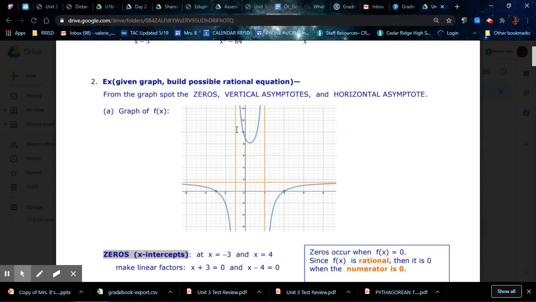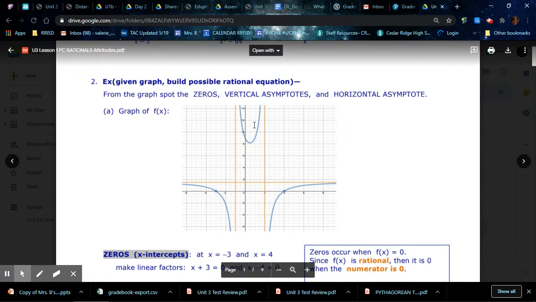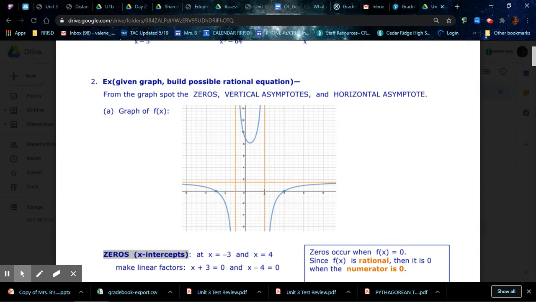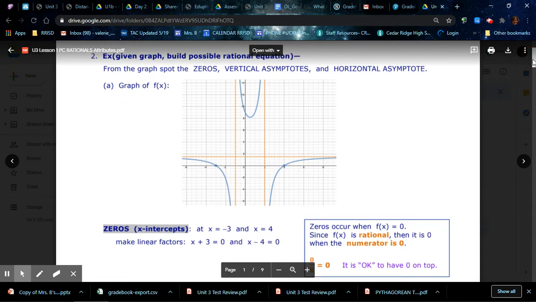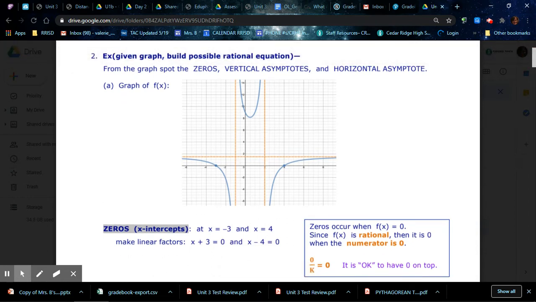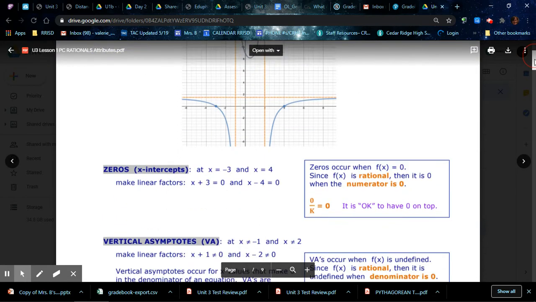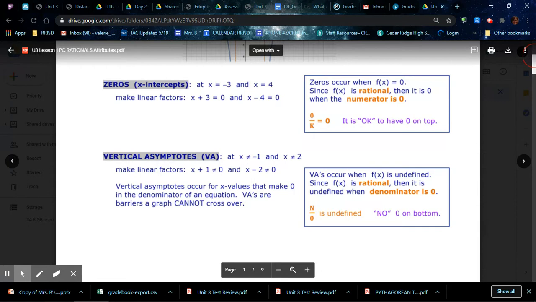This is where your function is undefined. It's not allowed, right here and right here. So you have two places on this particular function where the denominator would be equal to 0, at x equals -1 and x equals 2. Those are very tiny numbers there. All right. So we're going to recap all of this and put it together here in a minute.